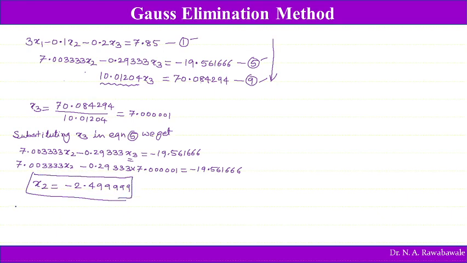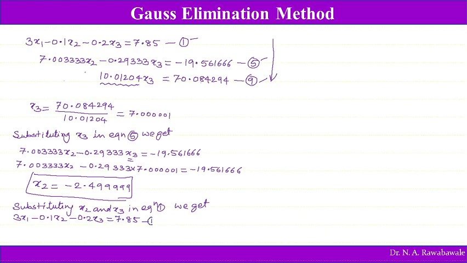Now substituting x2 and x3 in equation number 1, that is 3x1 minus 0.1 x2 minus 0.2 x3, which is equal to 7.85.